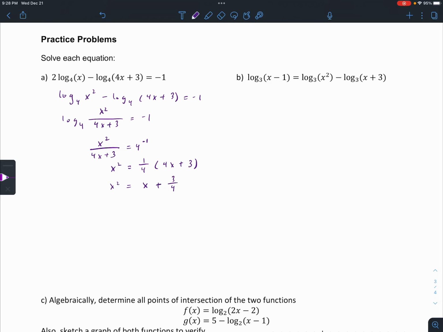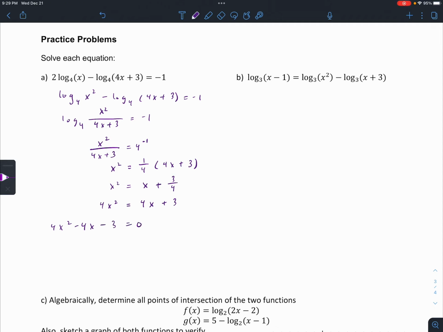Which means we have to multiply everything by 4 to get rid of the fraction. So 4x squared is equal to 4x plus 3. 4x squared minus 4x minus 3 equals 0.